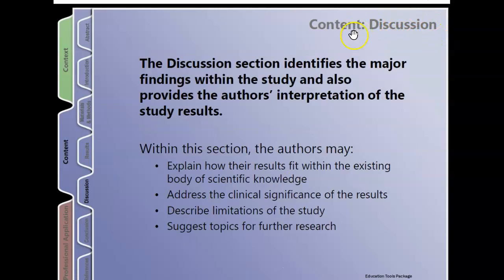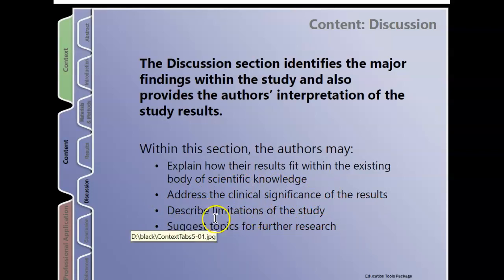We also look at a discussion portion in the paper, and the discussion portion is actually the most interesting one, because in this section, the researcher explains how the results fit into the scientific knowledge. They're explaining the significance of the results, and this is what they always say in the discussion. They always explain the limitations.